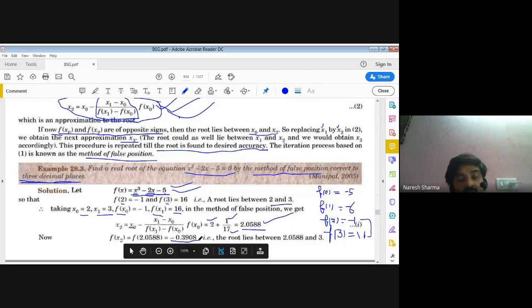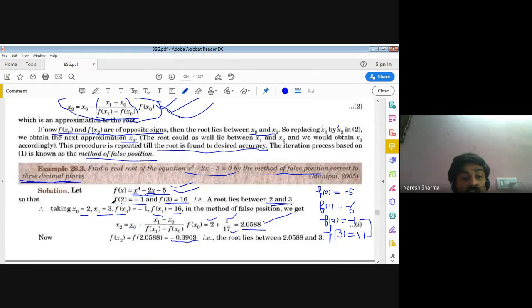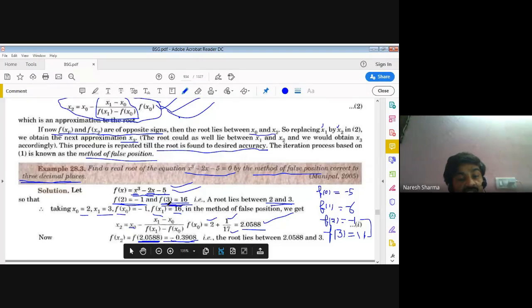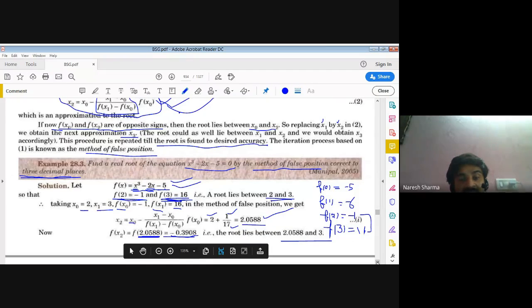As this is negative, the root still lies between 2 and 3, since at 2 it is negative and at 3 it is positive. So now we replace the point where the value is negative, because this value is also negative. So the root lies between 2.0588 and 3.